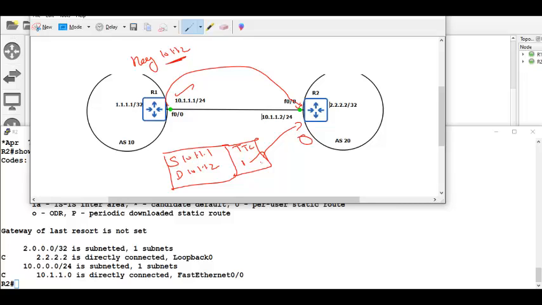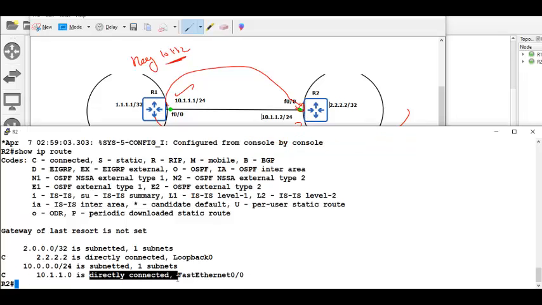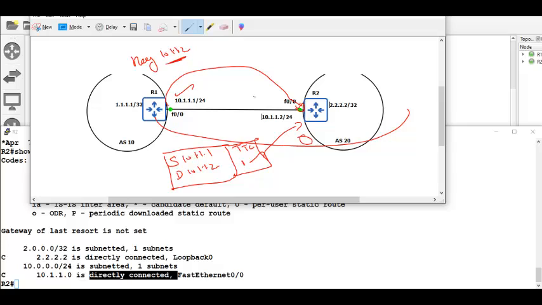It is for security they have done this. Forming an eBGP neighbor, you cannot simply form with someone who is too far away. You want to confirm that you are forming a neighbor with the directly connected. That is the kind of security that we get through eBGP. For security's sake, they have designed it like this.